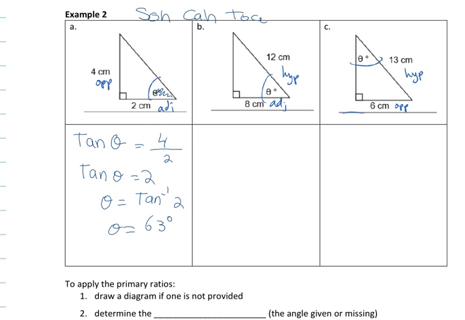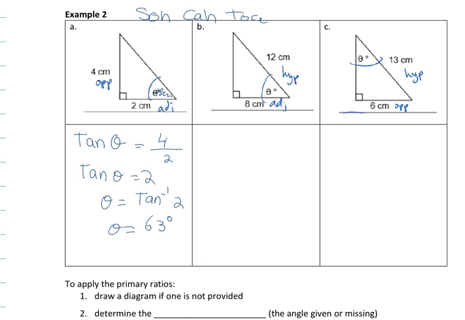Can you show me after? Your calculator has to be in degrees and not in radians, so we have to change that. This is tan minus 1. Each calculator is different.